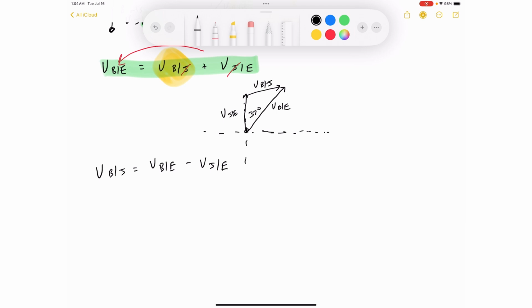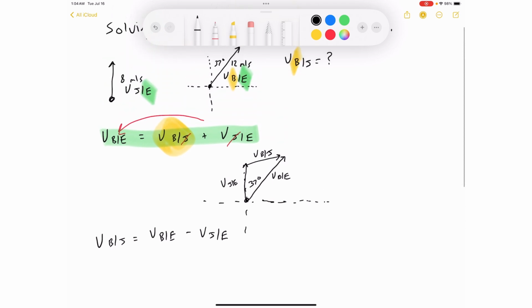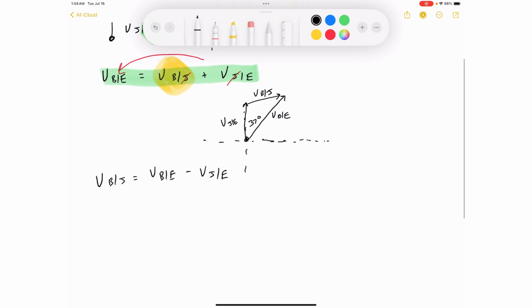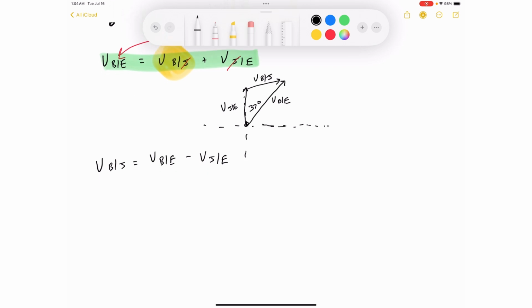So the velocity of the ball relative to the Earth. Do I have that? Well, that's this middle vector up here. It's a little tricky because it's 37 degrees, 12 meters per second, so I don't actually know the component values of it. We'll skip that one for right now, but it is some vector here, minus some other vector.